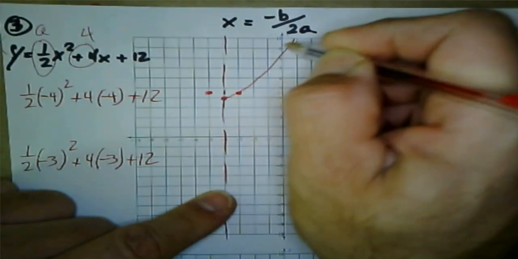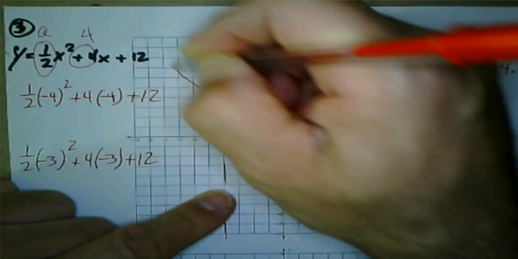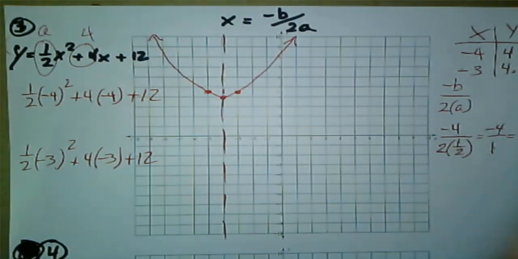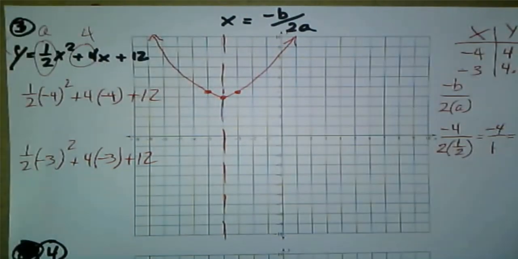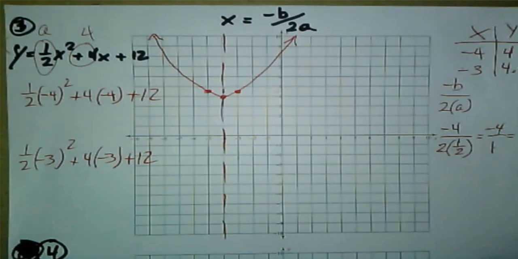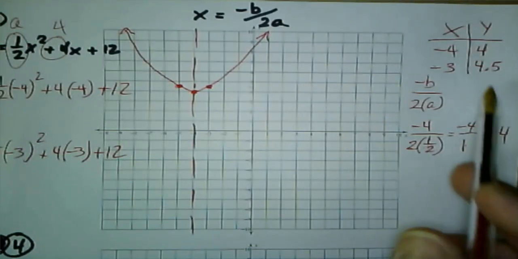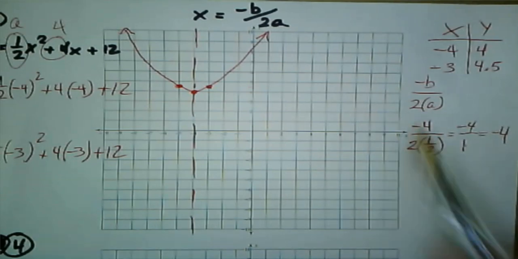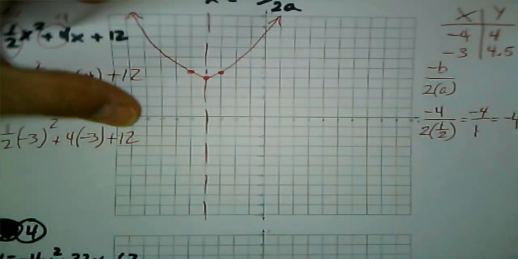You notice this thing gets wider because the half makes your parabola shorter but wider. It's wider. It's like fat. It swoops out more. 4.5. You guys at home should come up with that. If you use those calculators, it should be 4.5 without even thinking about it.